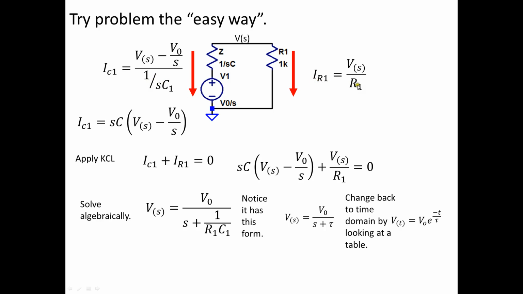IR1 is the same thing. If I rearrange this, I get IC1 equals sC times the difference in these two voltages. Then I can apply my KCL, solve for V(s), and do an inverse lookup.